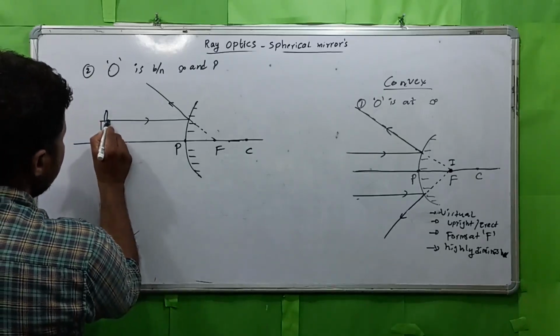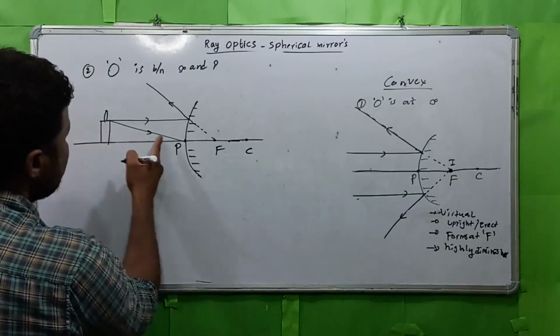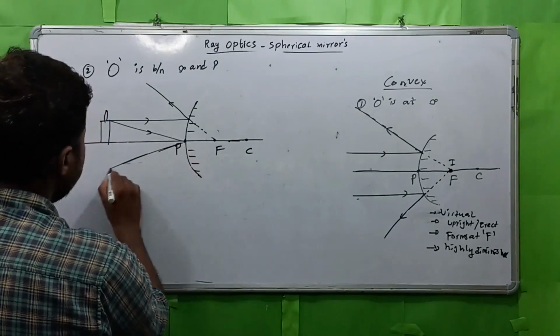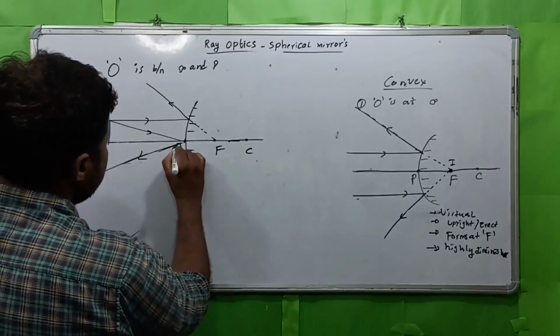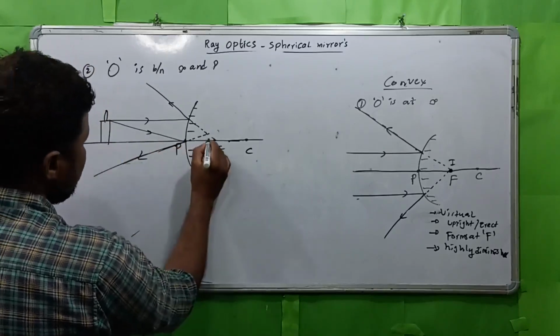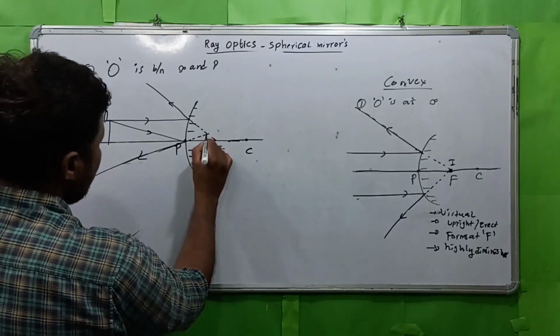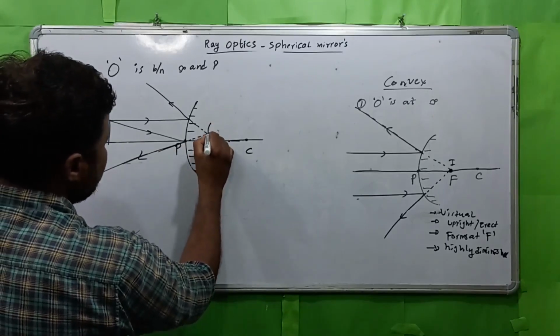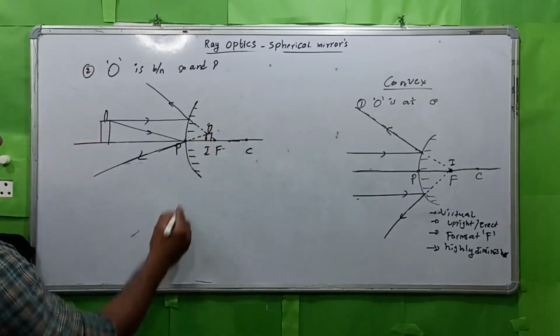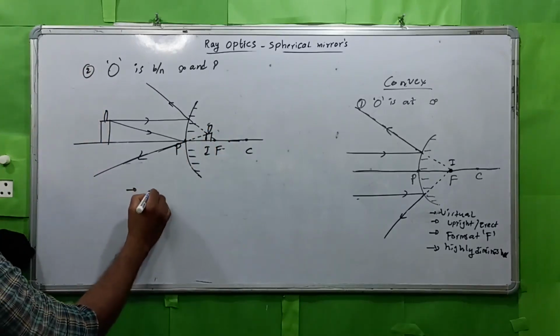If I draw any incident ray at the pole, reflection takes place symmetrically in the opposite direction. If I extend this reflected ray, I get this tip here. As a result, the image is formed here. This is image I. If you observe, the image is diminished.